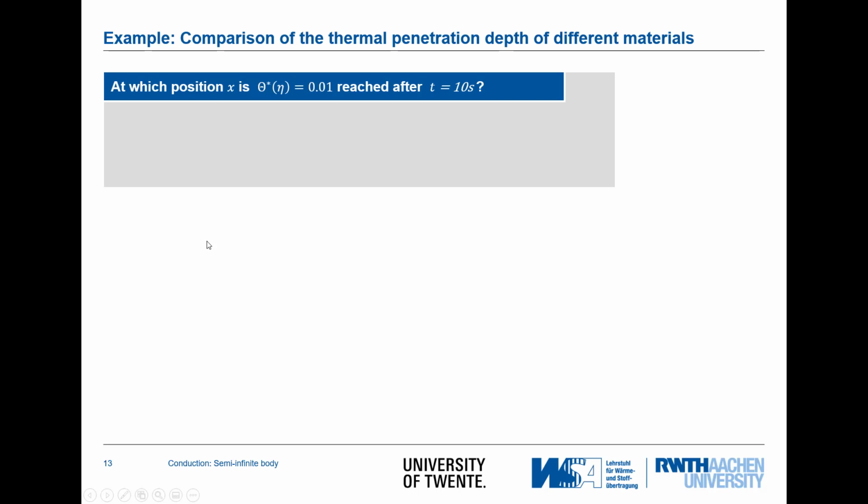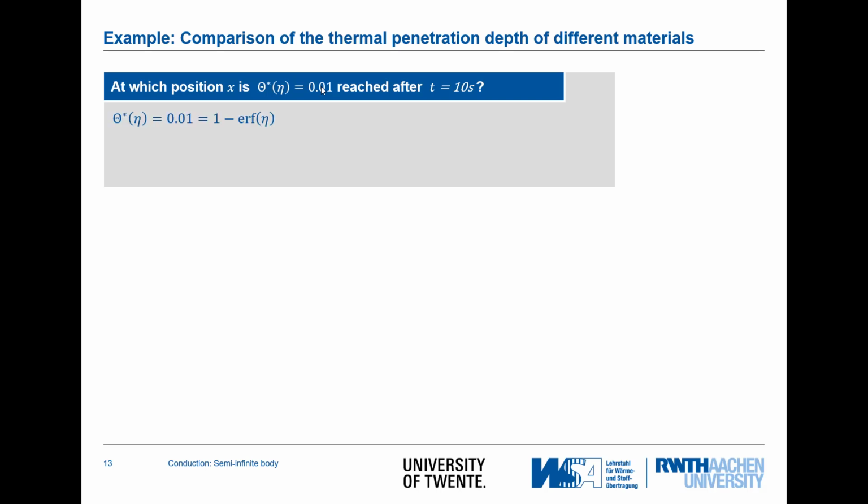Now, as a little example, we will look at which position x in our semi-infinite plate the dimensionless temperature has reached a value of 0.01 after 10 seconds. The value of 0.01 is small, so it means that there's a slight change in the temperature, and now the question is how thick can the plate be until which we have a change of the temperature.